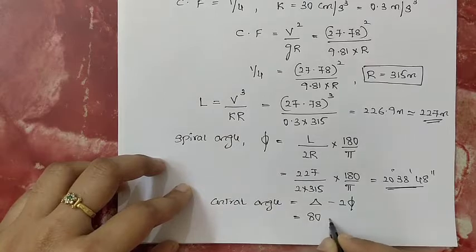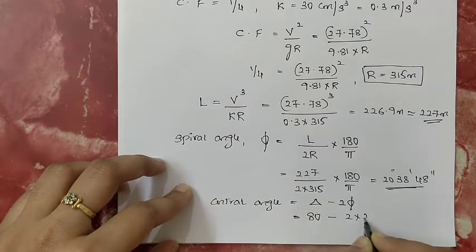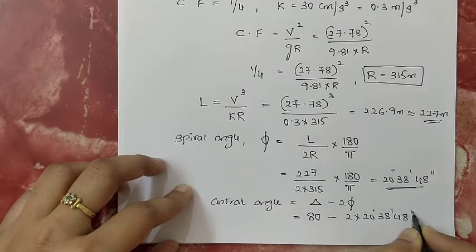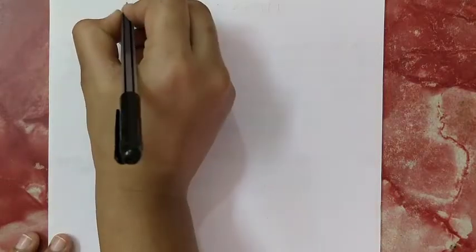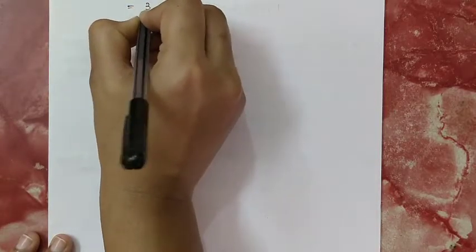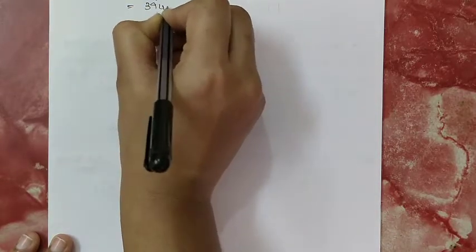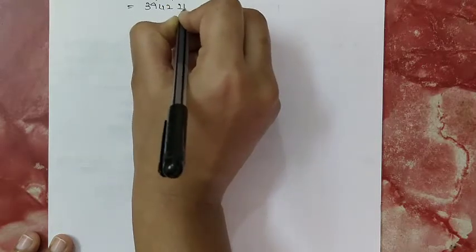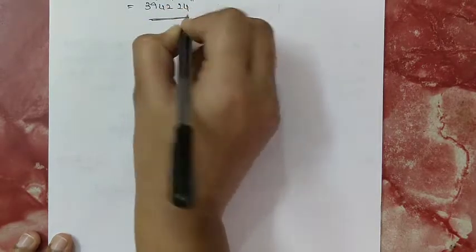That is 80 minus 2 into 20 degree 38 minutes 48 seconds. Upon simplification you will get the central angle as 39 degree 42 minutes 24 seconds.